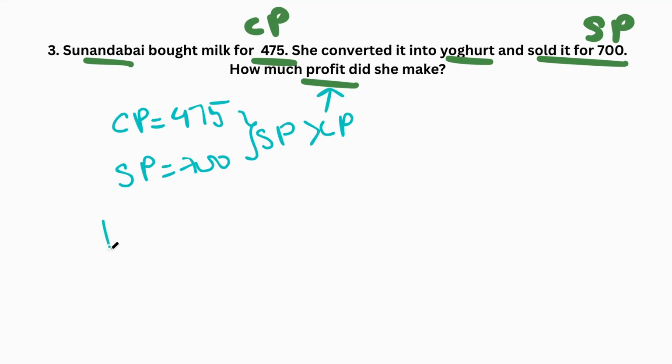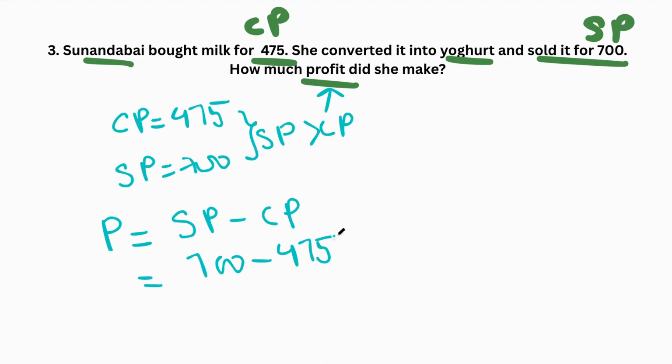So we will be writing the formula for profit, which says selling price minus cost price, which gives us 700 minus 475. Now, tell me the answer. What will be the answer? Yes, the answer will be 225 rupees. So we will conclude this question with the statement that Sunanda Bai made a profit of rupees 225.